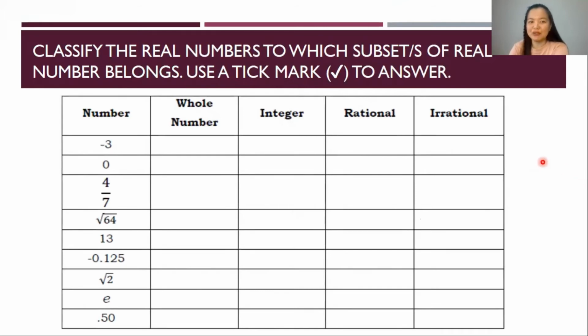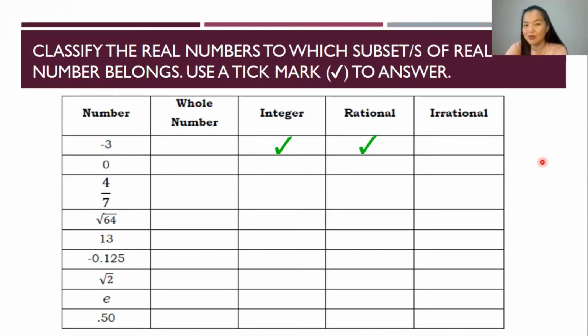Alam natin na yung negative 3 ay isang integer. Hindi siya whole number kasi yung whole number natin, yung definition natin ay walang negative. So, integer yan. At kung integer siya, rational na rin siya. Hindi siya magiging irrational. O yung 0.